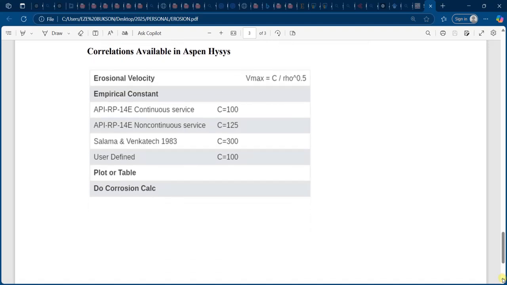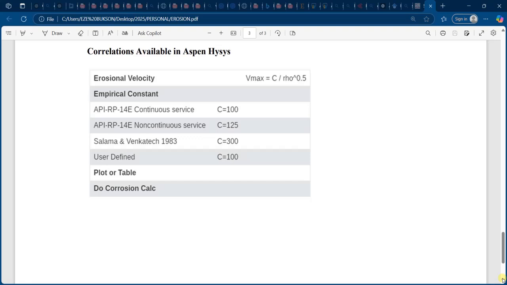For Aspen Hysys, you have the API Recommended Practice 14E for continuous service and non-continuous service. Then you have the Salama and Venkatesh of 1983. And then you have a user-defined option where you get to specify your own correlation, right?